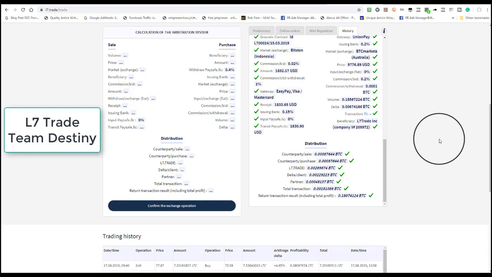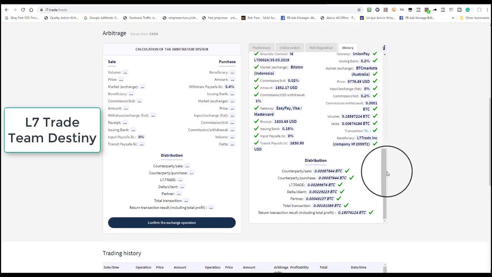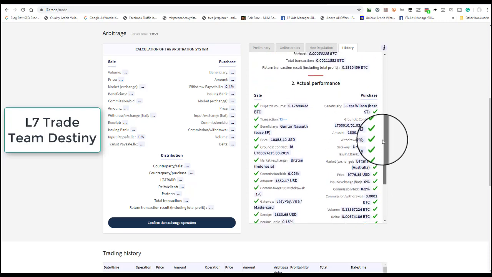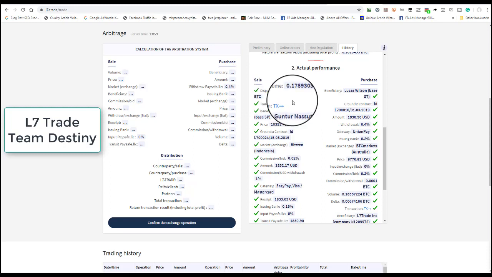So 0.00229223, that's the amount of profit, and you're going to divide it by the volume that was put in, the amount of Bitcoin that was put in for the sale, and that's up here under sale, dispatch volume.